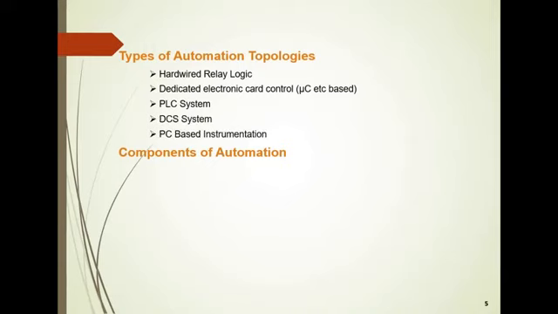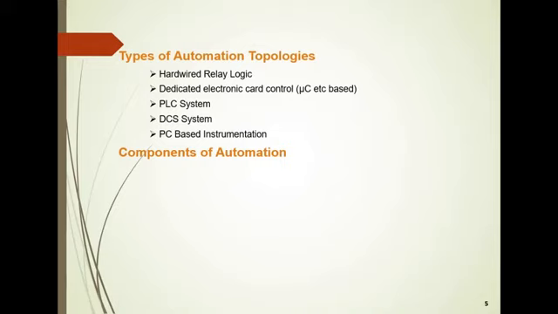PC based instrumentation. Okay, what is the difference between these topologies? The first one is hardware relay logic, which shows logic designed by hardwires and relays. Dedicated electronic card control based means microcontroller based automation. PLC system automation means automation in which we are using a PLC system.